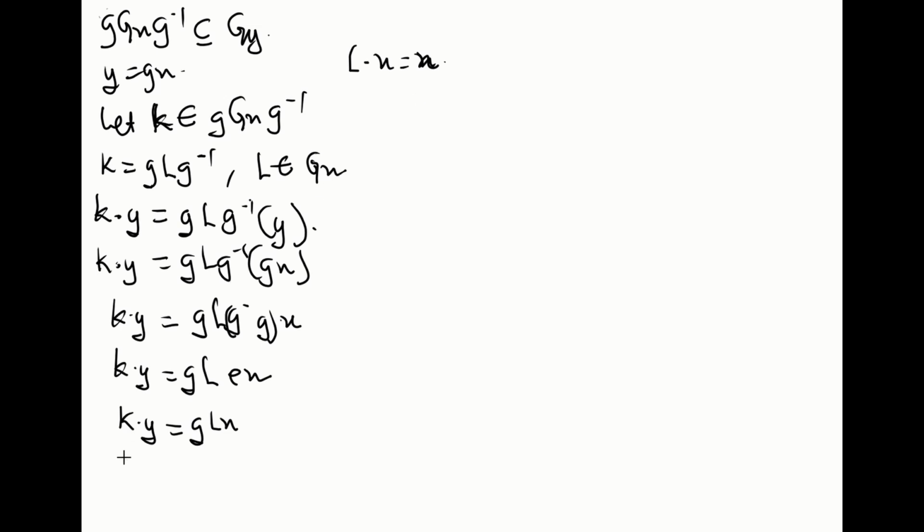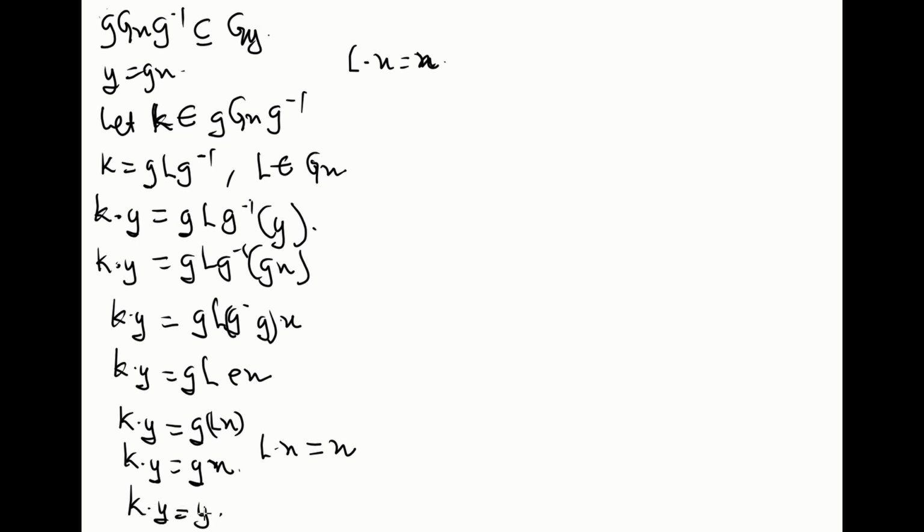So this is going to give us k composed with y equal to gx, because l composed with x gives us x. So we can put this into brackets. But over here, what is gx? From the question, gx is equal to y. So we can return back to say that k composed with y is equal to y.